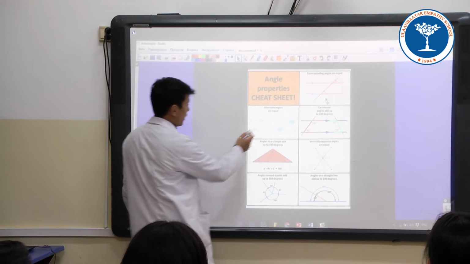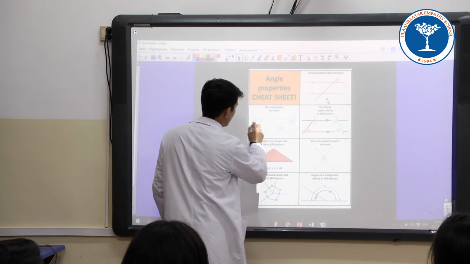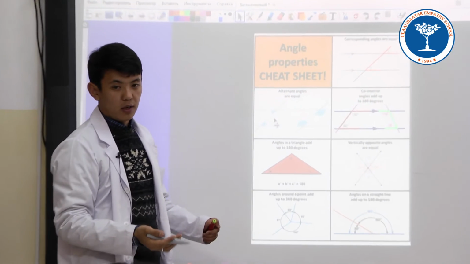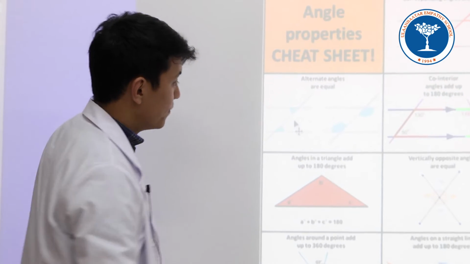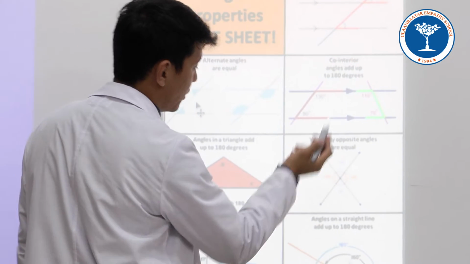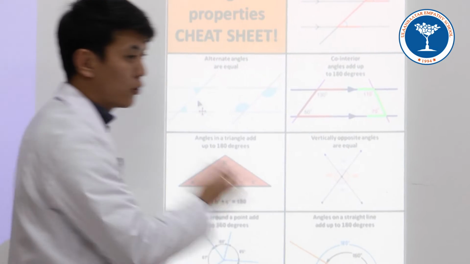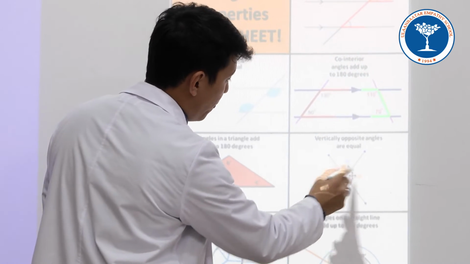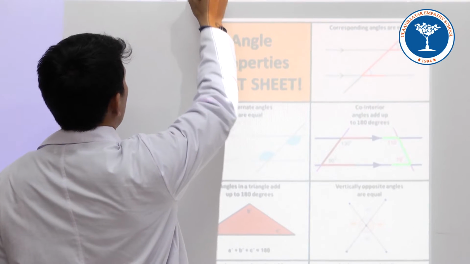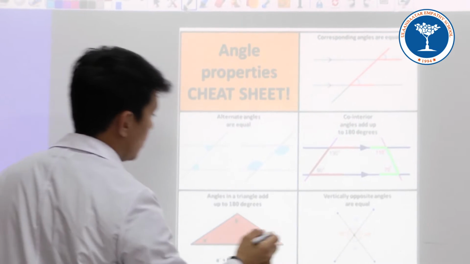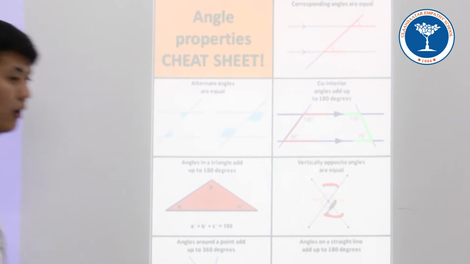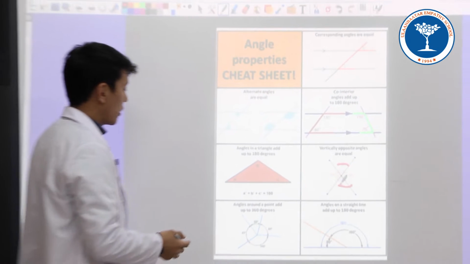Another one, if you do that with parallel lines, these opposite angles will also be equal to each other. The third property you should know: if you cross 2 straight lines, the opposite angles will be what? Same. This angle and this angle, they will be equal.